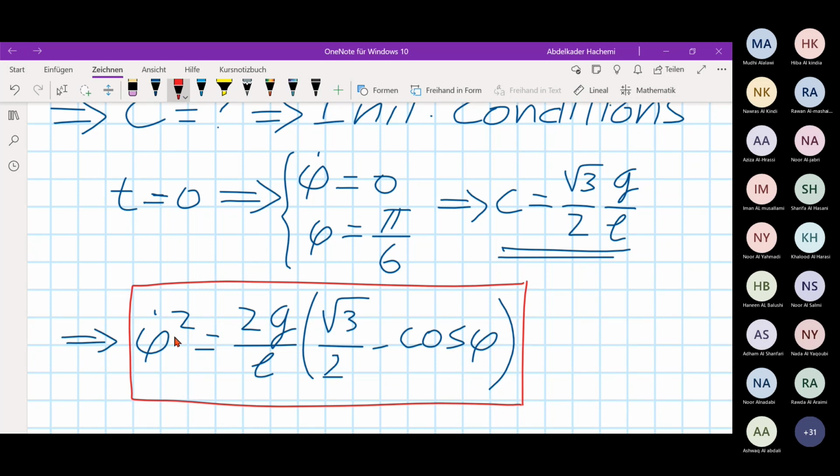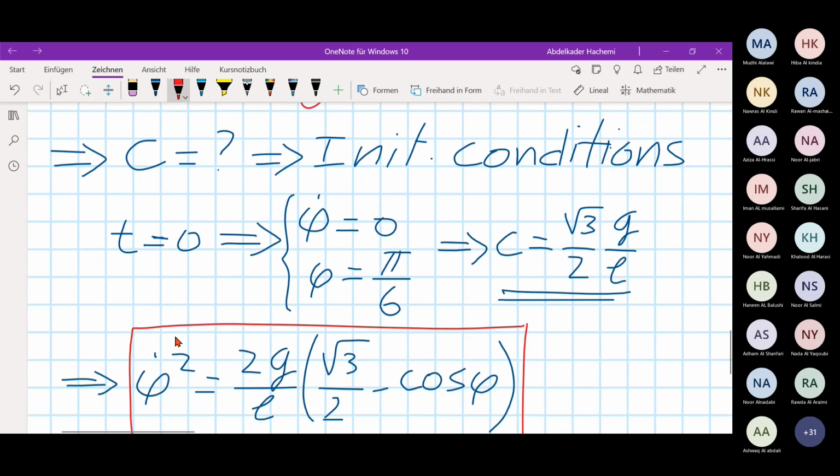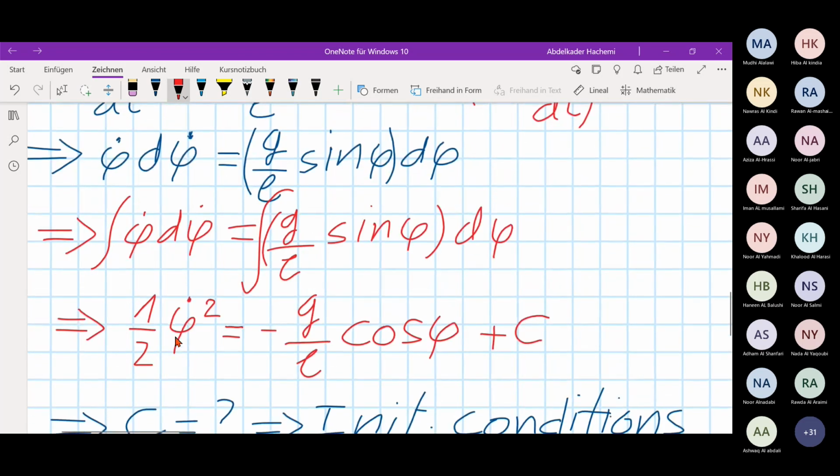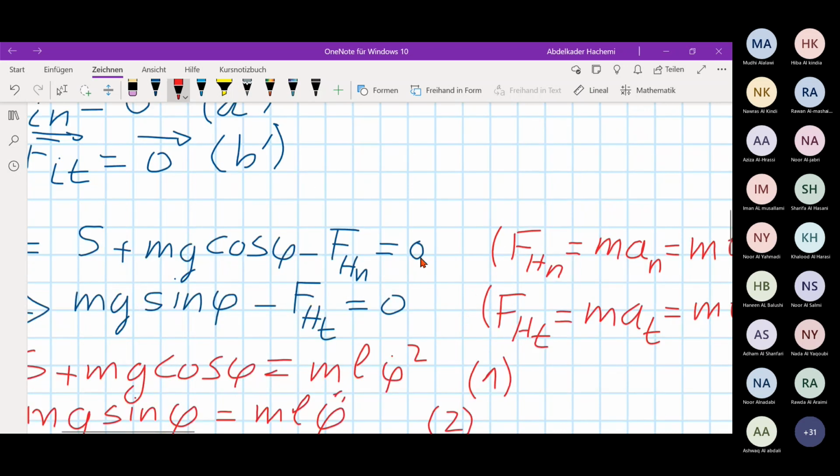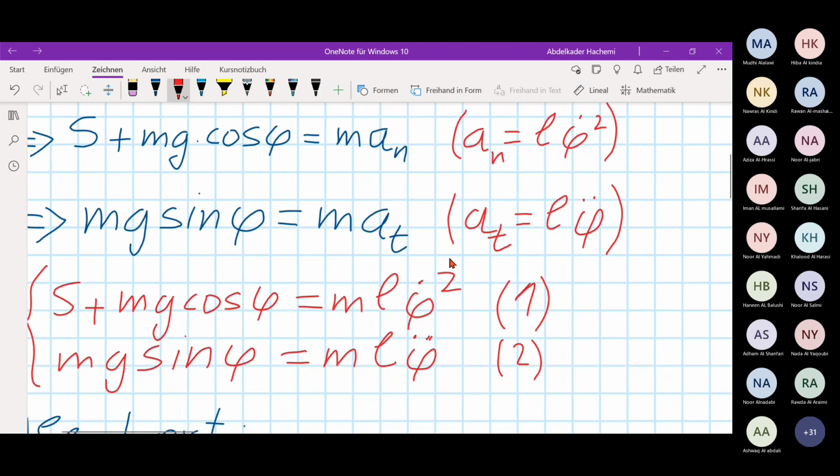Now, what we know, we can take the angular velocity phi dot square and replace it in the D'Alembert equation, or in the Newton equation.